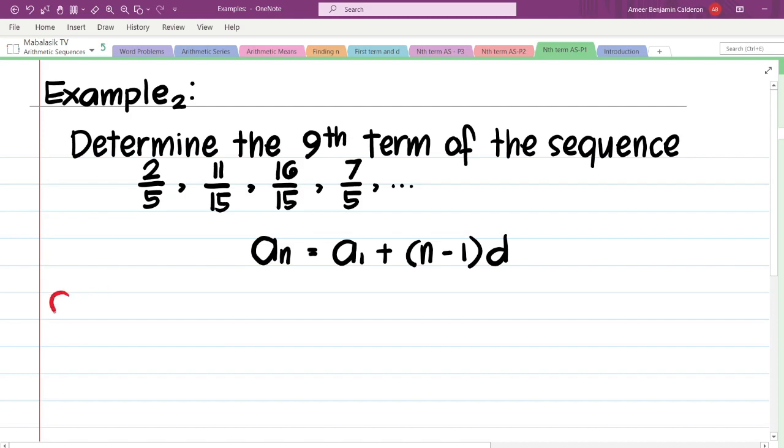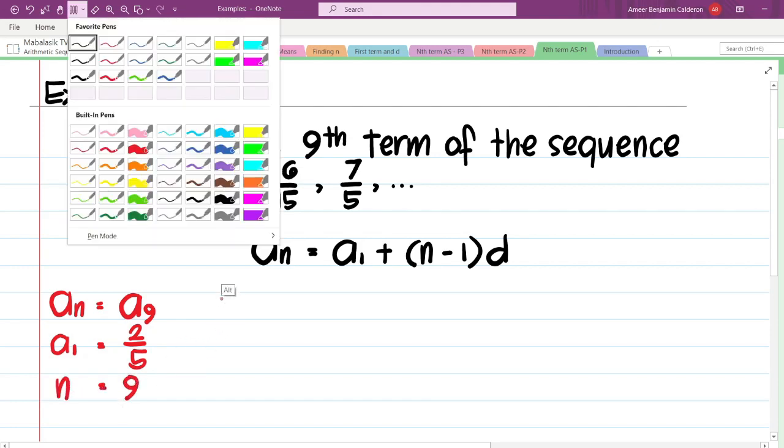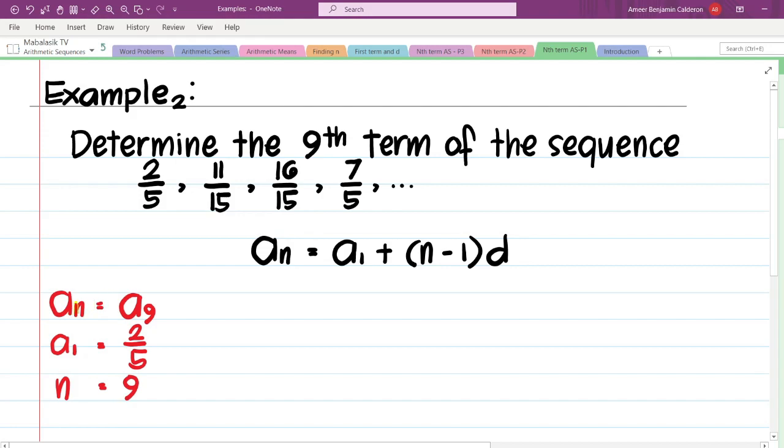So we have a sub n, which is a sub 9, because we are looking for the ninth term this time around. We have a sub 1, the first term, which is 2 over 5, n, which is 9. Why 9? Again, because we have our subscript that is 9, so n is equal to 9. And also because we are looking for the ninth term.